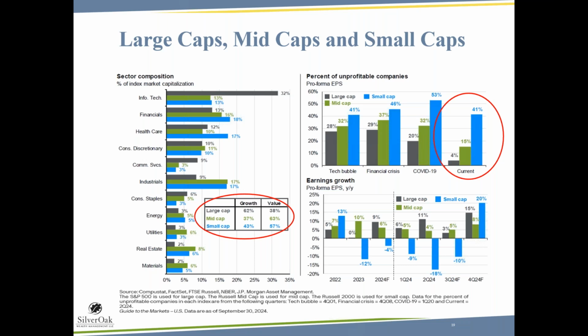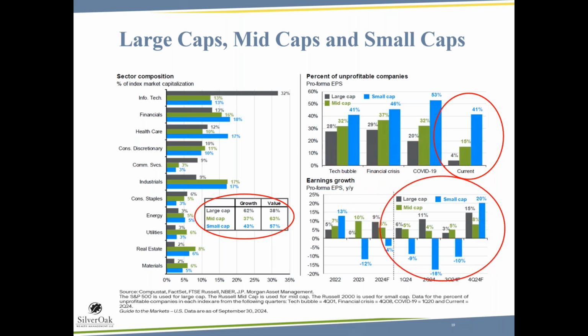And this is saying that of the small cap market, 41% of those companies are unprofitable. Yeah. But then the other way to look at it is the left one, the 4%, that's large cap. That tells you how high quality the S&P is, largely because of the strong economic performance we've seen from the technology sector. Got it.